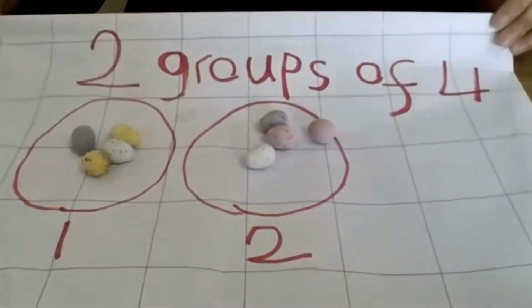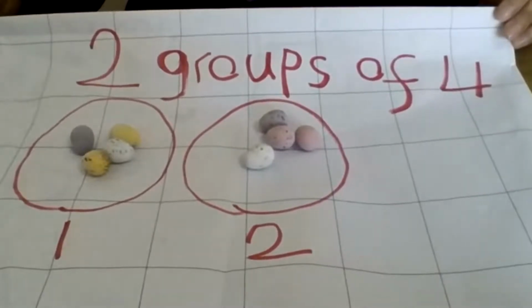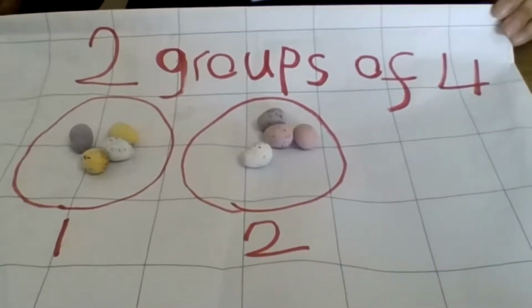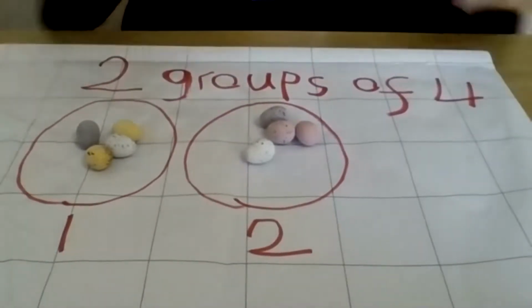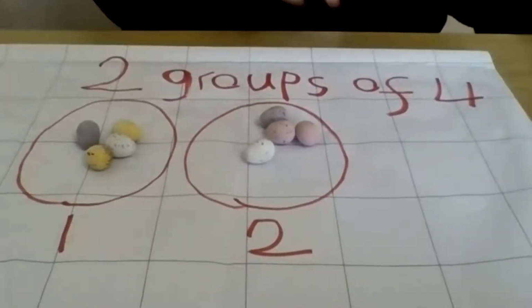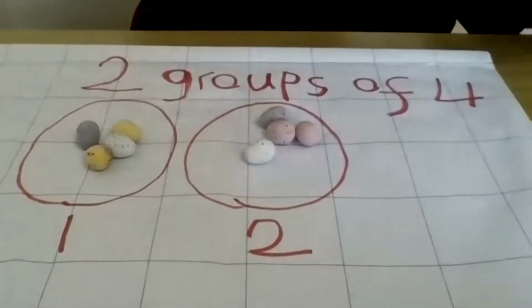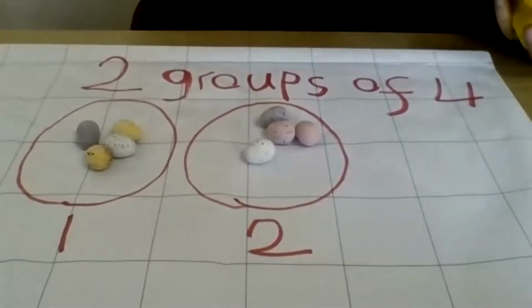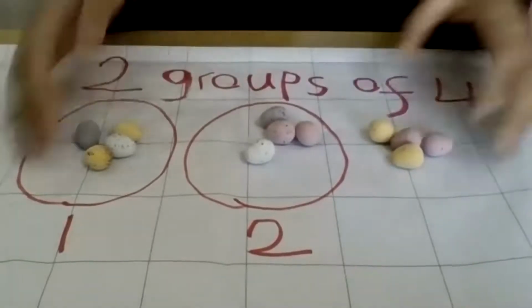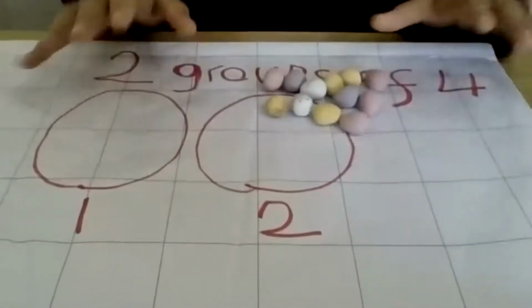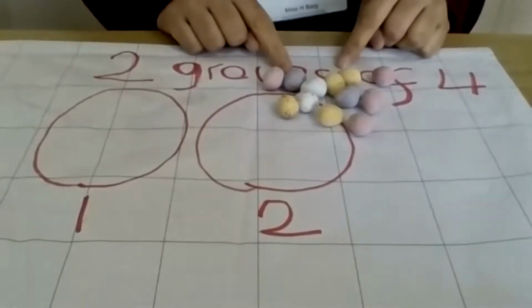I have 2 equal groups of 4. Okay, now let's count. Altogether I have 12 eggs.